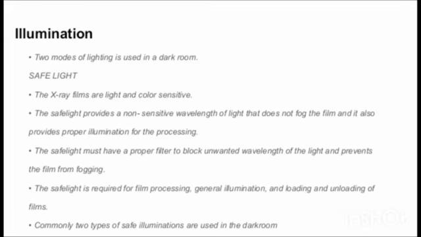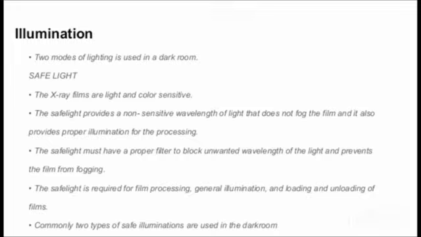Illumination. There are two modes of lighting used in a darkroom. Safe light. X-ray films are light and color sensitive, so there will be a safe light which provides a limited amount of light, used only for visibility of the X-ray film during film processing.